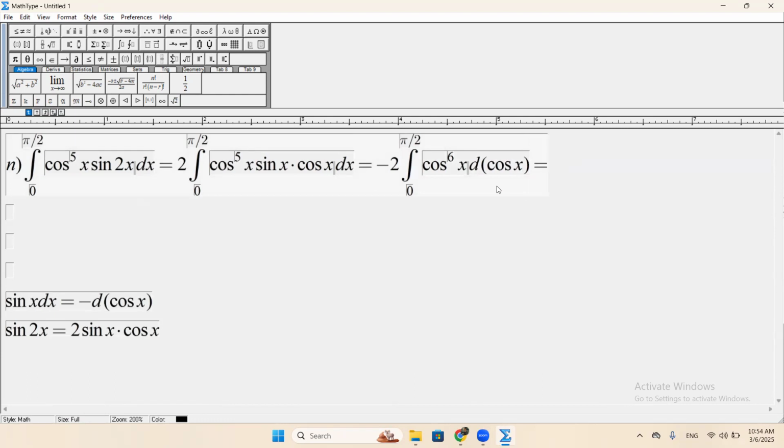So now we just use the table of integrals. So minus 2 over 7 cosine of x to the power of 7, with substitutions from 0 to pi over 2.